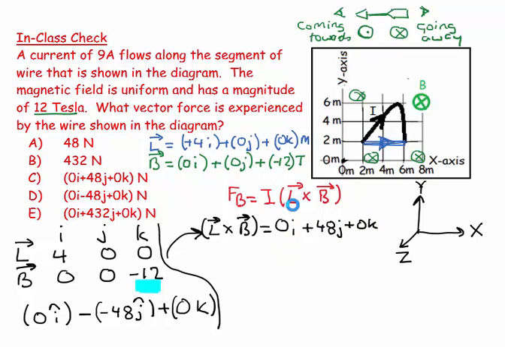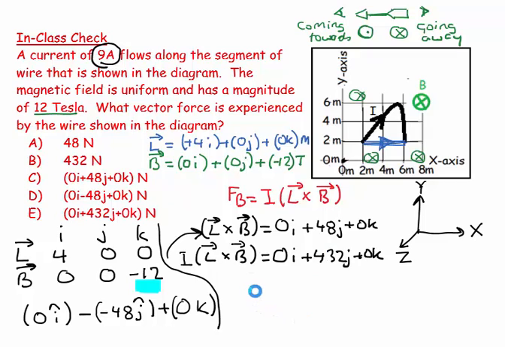But I want I L cross B. So I L cross B is just whatever L cross B is multiplied by I, and I is 9 amps. So I have 0i plus... if it was 10, it would be 480, but it's 9, so it's not 480, it's not 440, it's 432j plus 0k.